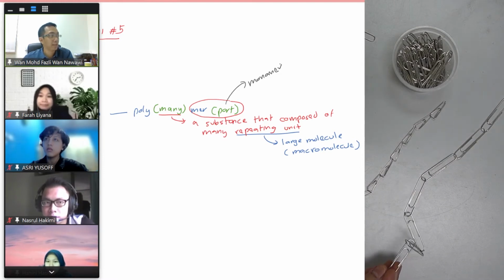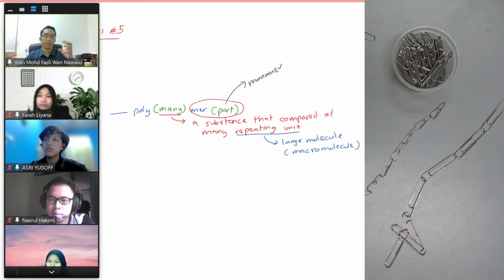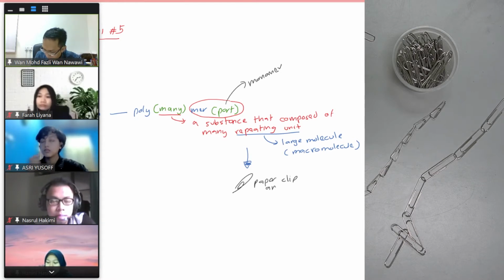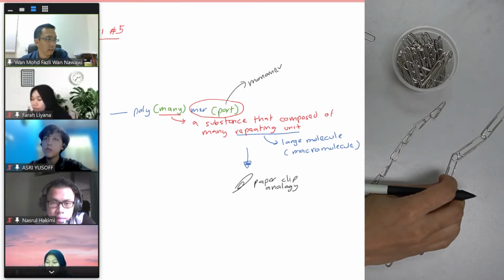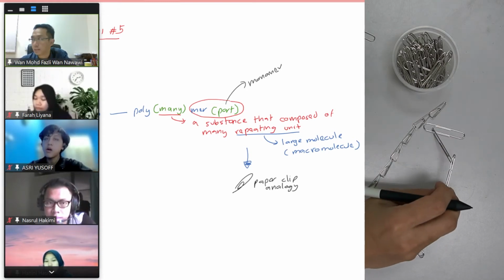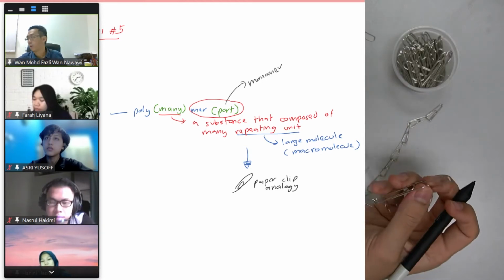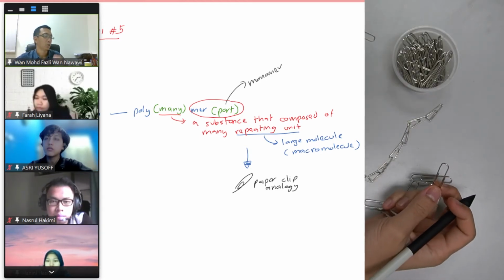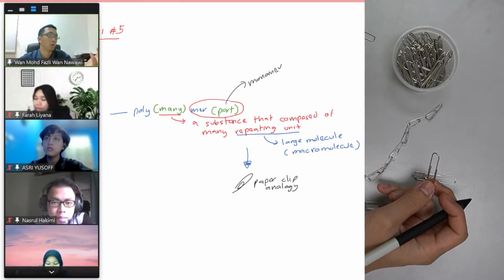You know metal is not a polymer. This is just for analogy, so I just put a paper clip here. You cannot say this paper clip itself is a polymer, because inside it the atoms, for example, this is stainless steel, so you have the ferrum and also the carbon.